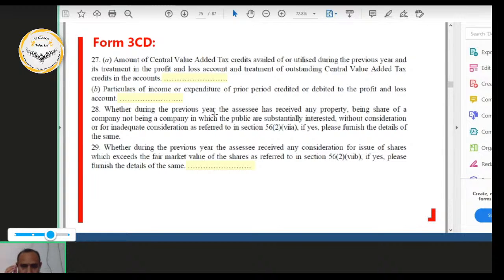So the first and foremost condition is the company should have issued shares at a premium and the amount received is exceeding the amount as per the valuation certificate or the fair value, whichever is higher. Though it is exceeding the threshold amount, in such case you need to report under this particular category.